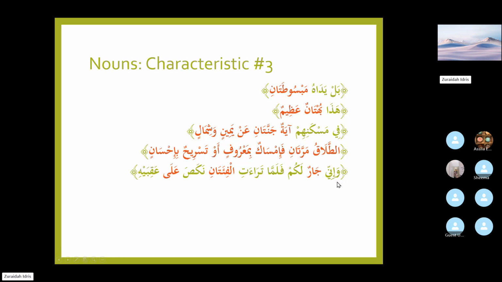Wa inni jarun lakum falamma tara'ati fi'atani naqasa ala akibai.